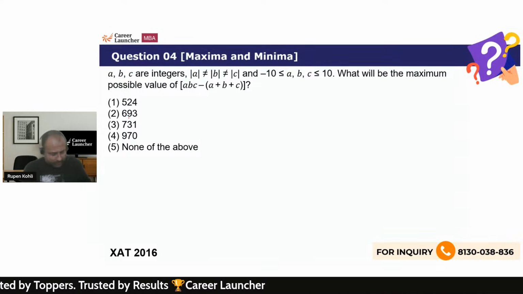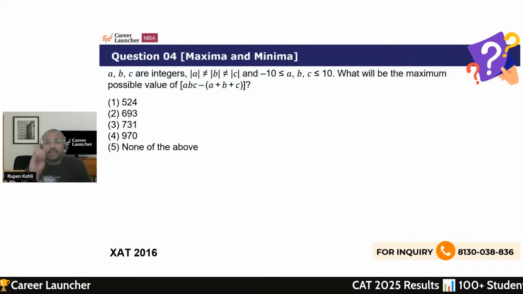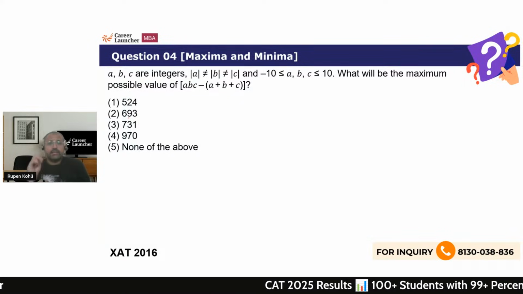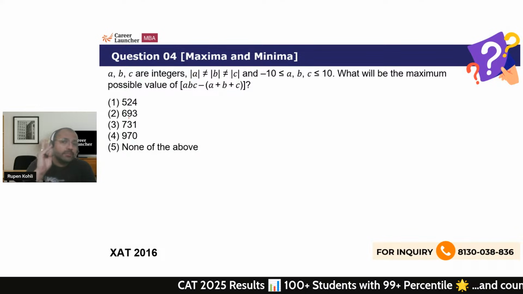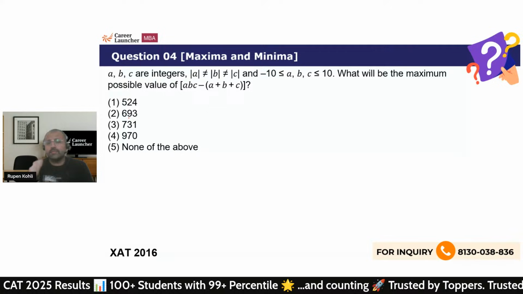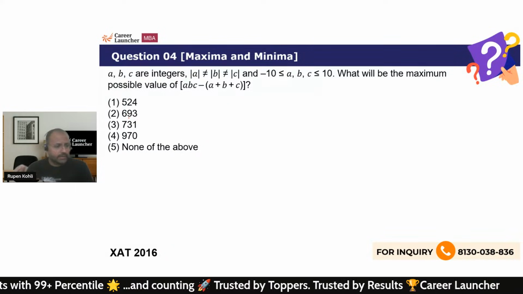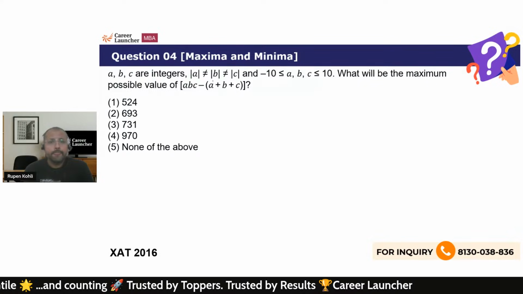Okay, so with all these constraints, A, B, C are integers and they are not equal in magnitude. That is the key parameter. Each of them lies in the range of -10 to +10. So think about this, what kind of values can we take over here, right?